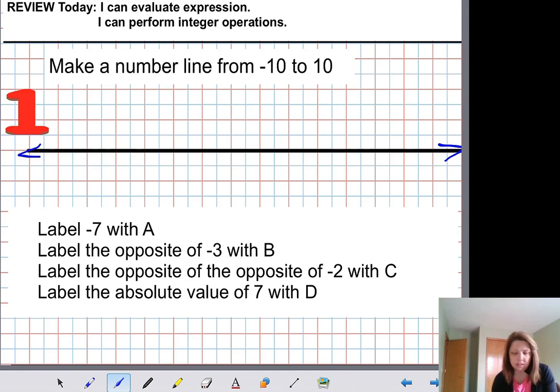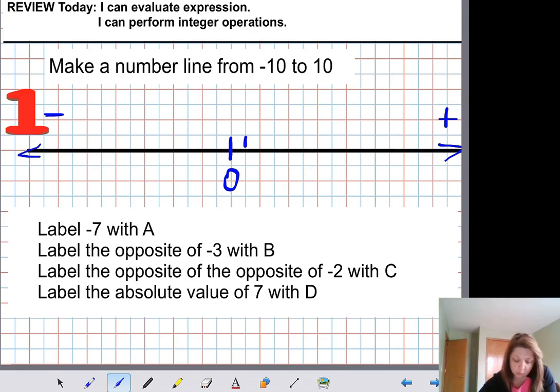So first thing, I'm going to start and put 0. 0 is in the middle when we have a number line. And all from 0 to the right will be all positive numbers. From 0 to the left will be all negative numbers. Because it's from -10 to 10, I'm going to put some marks to measure this.